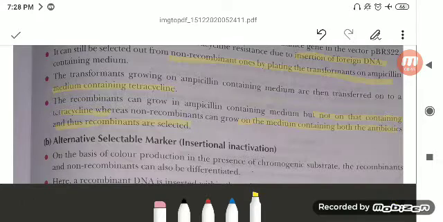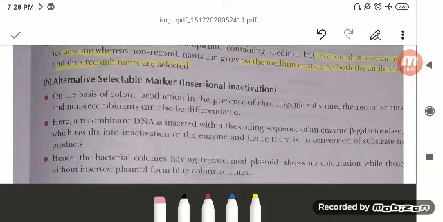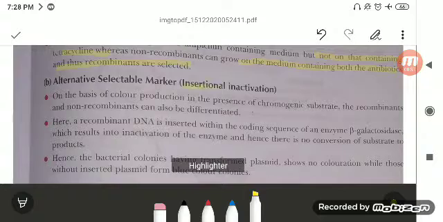But there is one more alternative method for the selectable marker, and that is a better and more practical method: insertional inactivation on the basis of color production. In the presence of a chromogenic substrate, the recombinant and non-recombinant can also be differentiated. A recombinant DNA is inserted within the coding sequence of the enzyme beta-galactosidase, which results in inactivation of the enzyme.